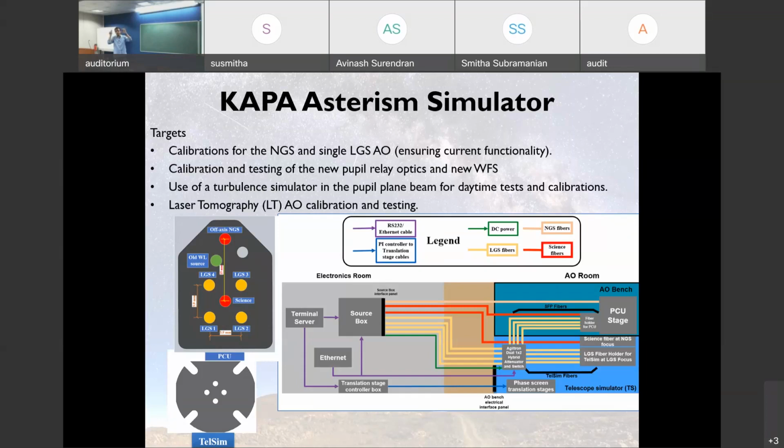The top 100 millimeters is coated. The bottom 100 millimeters is kept blank, so we can push it into the light path to create a clear light path and make sure we are doing the right thing. Currently, because of the translation stage limits, we cannot have the phase screen out of the beam. It's a very small phase screen.